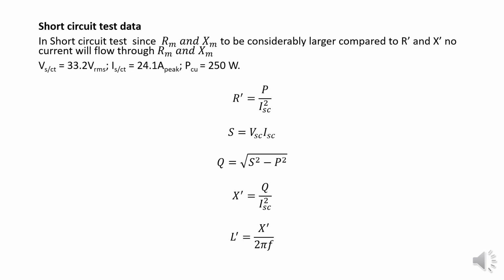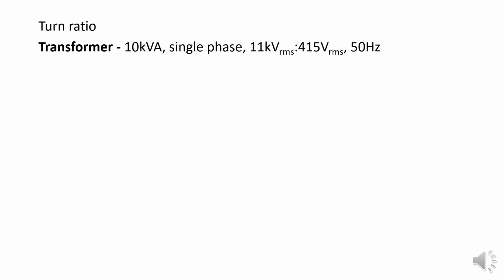Then there's another thing that you need to find. It is very easy. This is a repetition of the transformer data, which is given as 10 kVA single phase, 11 kilovolts to 415 volts, 50 hertz. You just need to divide the primary voltage by the secondary voltage.